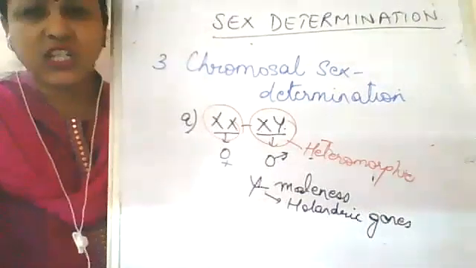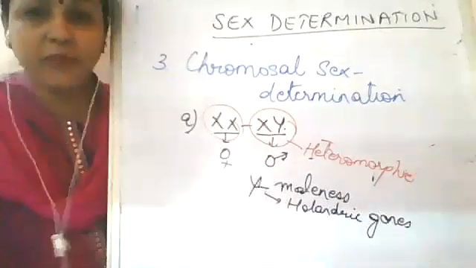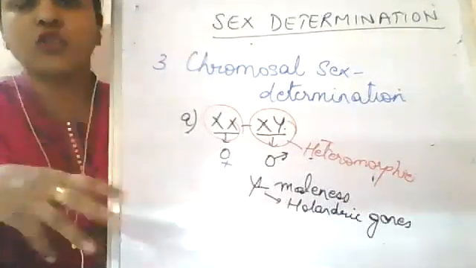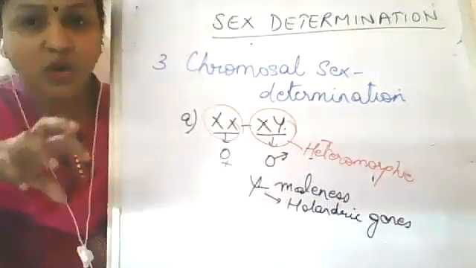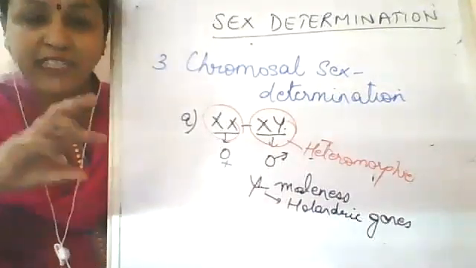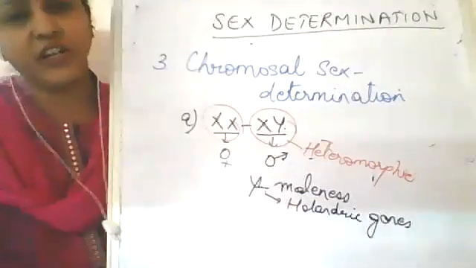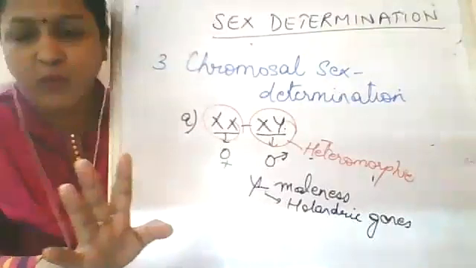Because of those changes, the majority of the genes stopped working, and all the genes got degraded, because no other gene is present except the gene for maleness. Maybe because of certain mutations, the other genes got degraded, and only the gene determining the gender was changed. These are all theories which scientists have given. We don't have any proof for it.